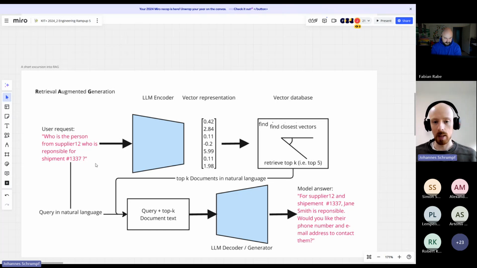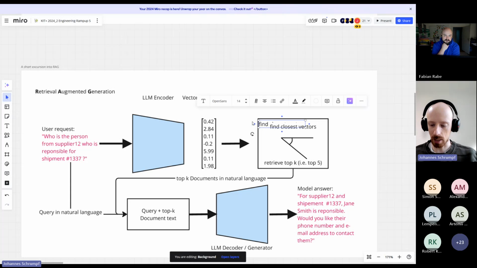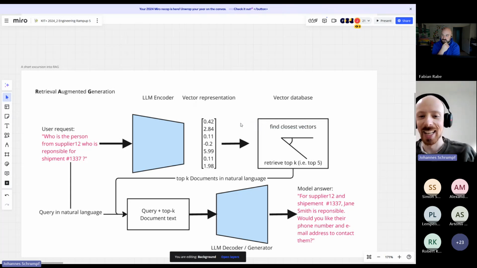And then when we get this vector representation, we put it in a so-called vector database, where we have stored all our documents or parts of our documents as vector representations before.